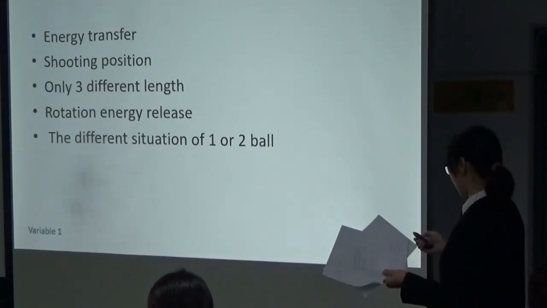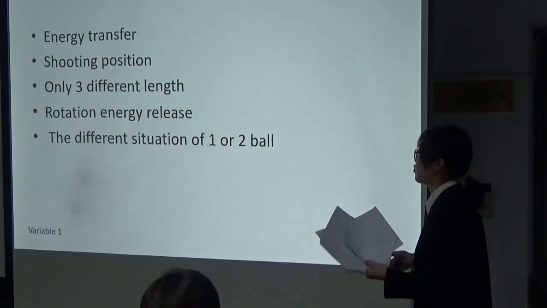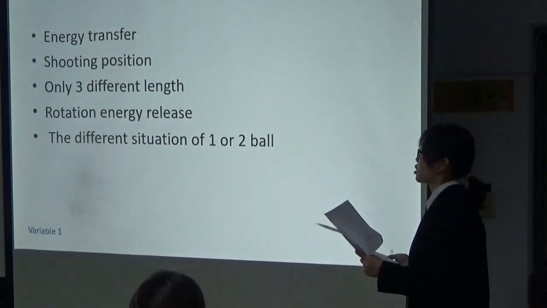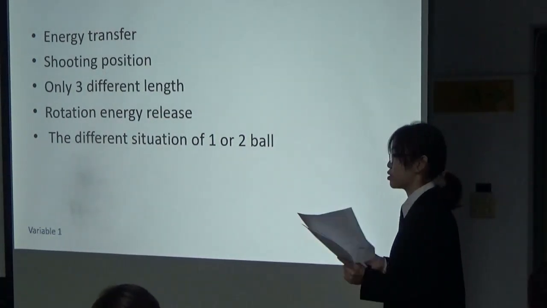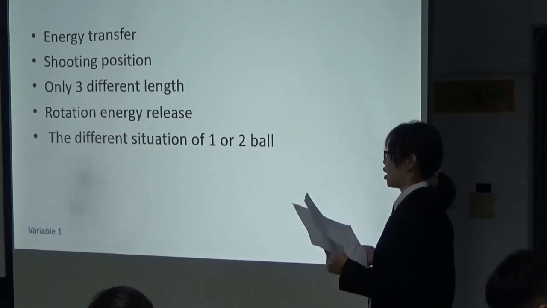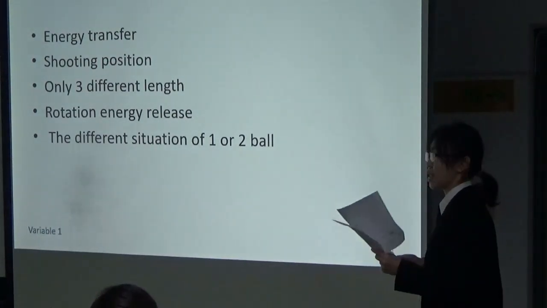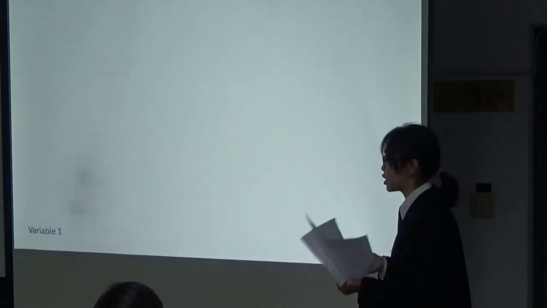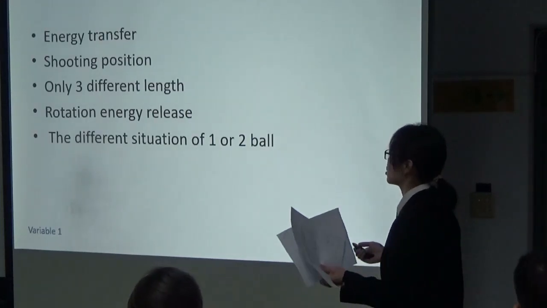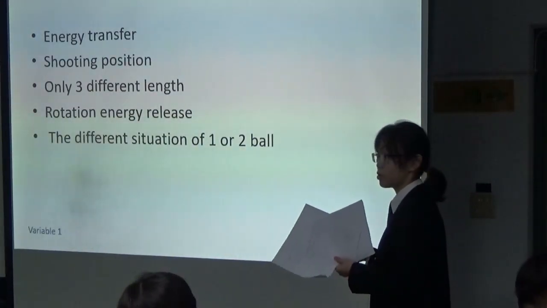And here's our discussion point. The first one is energy transfer, because the reporter considered the energy transfer between rotation, because when the reporter talks about the energy transfer, they say the rotation causes the energy transfer because while rotating they may use the velocity.